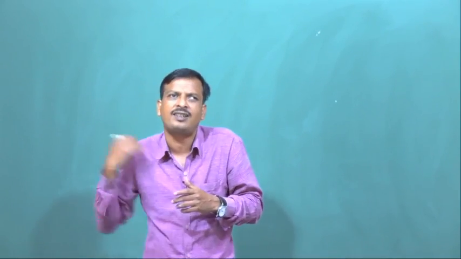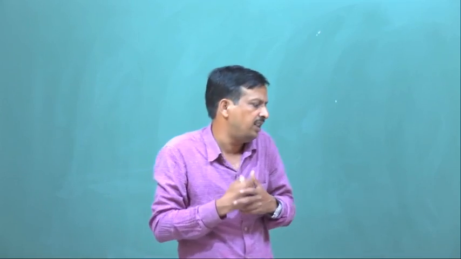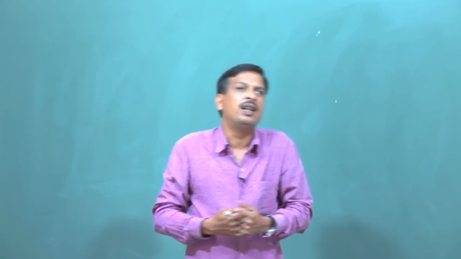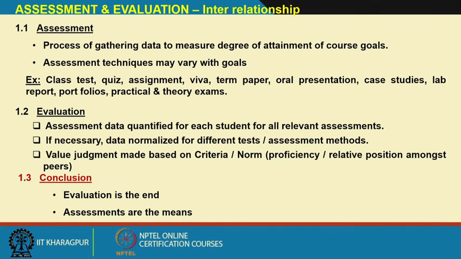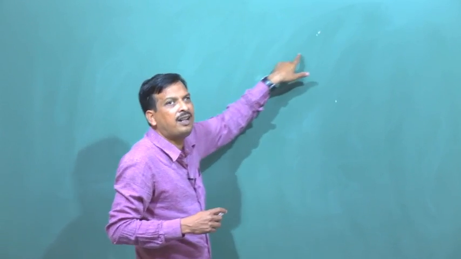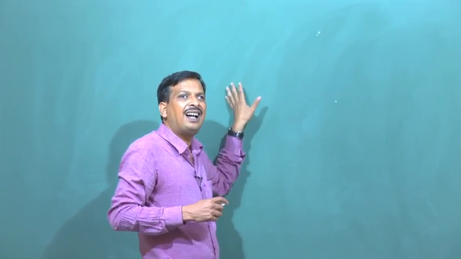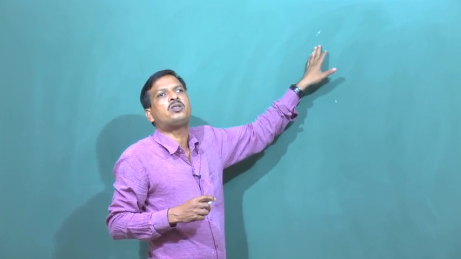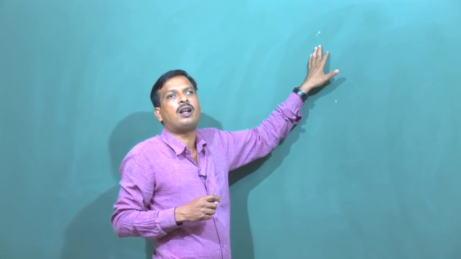Once you have done the assessment, evaluation is about the data I collected through assessment: I have to justify for each student the relevance of the assessment. If necessary, data is normalized for different assessment methods. So, I put different weightage on the different assessment methods and I can quantify the course attainment of the particular learner.